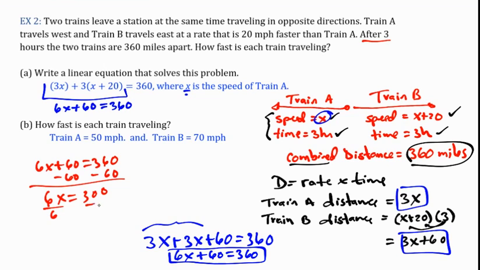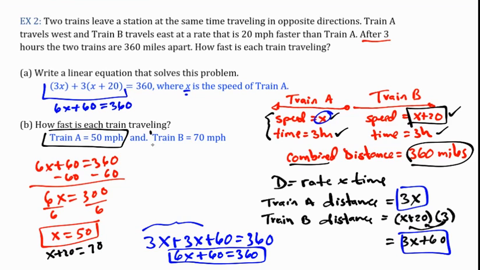Divide both sides by the coefficient of x. X is equal to 50. If x is equal to 50, then train B is 20 miles per hour faster. So x plus 20 would be 70. And we see that train A is 50 miles per hour, train B is 70 miles per hour.